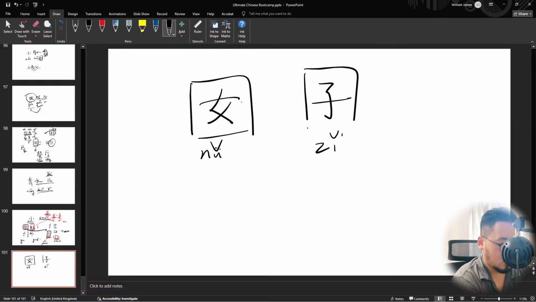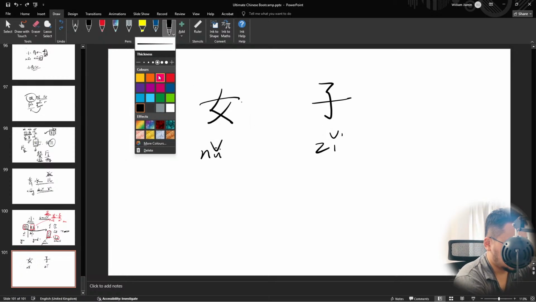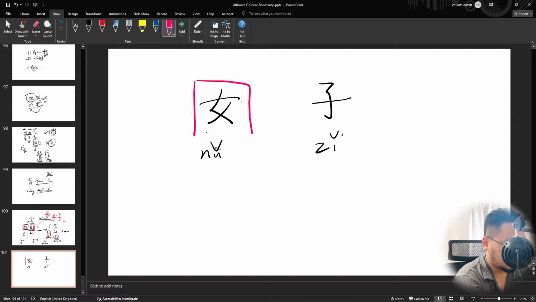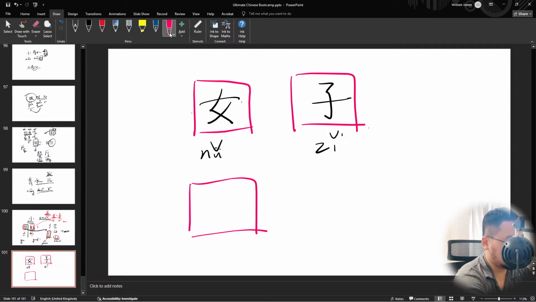Let me just get rid of this because I don't want to confuse you. Let me change the color. So this is a single component character. This is a single component character, okay? But you can also combine these two together to form a new character.